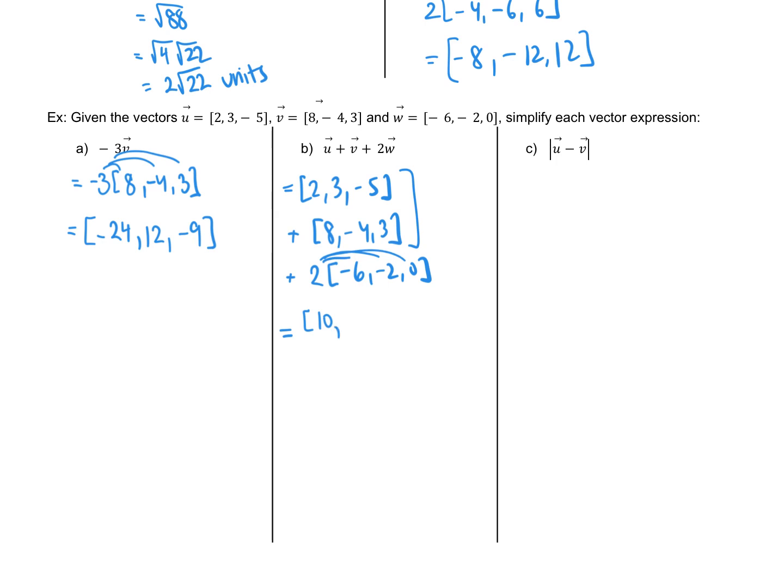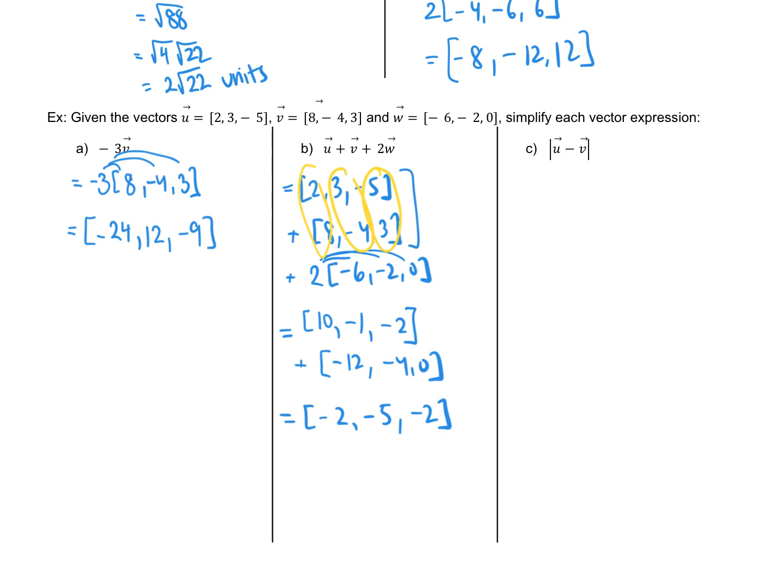So that's 10, minus 1, and negative 2. Just adding the x, y, and z components. And then I'm going to add double vector w, so that's negative 12, negative 4, 0. And now we can do that final addition. 10 plus negative 12, negative 1 plus negative 4, and negative 2 plus 0.